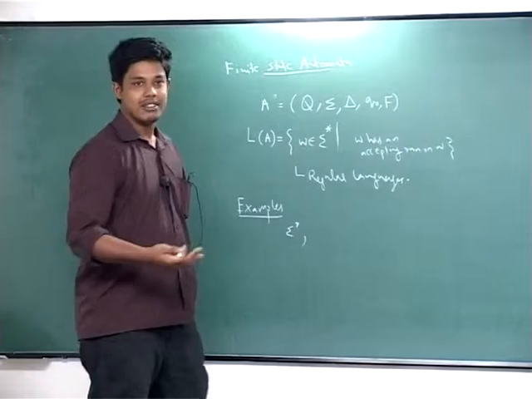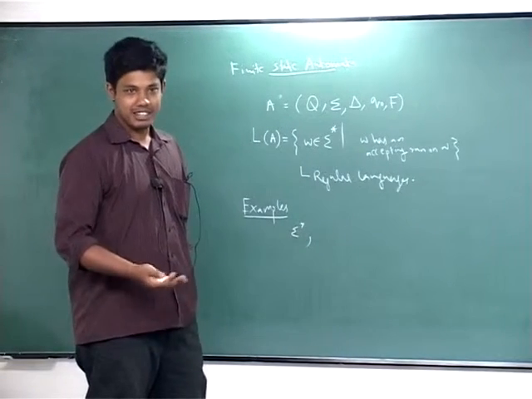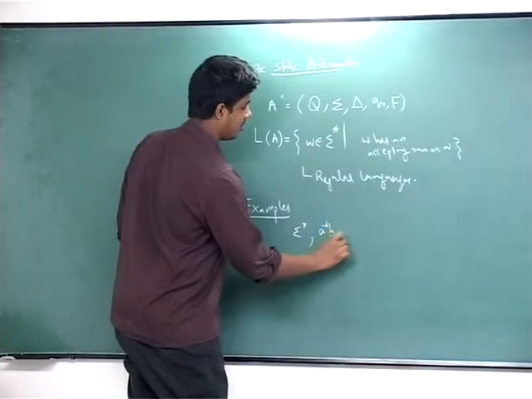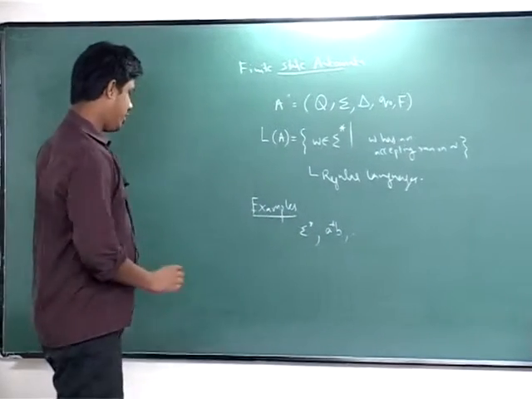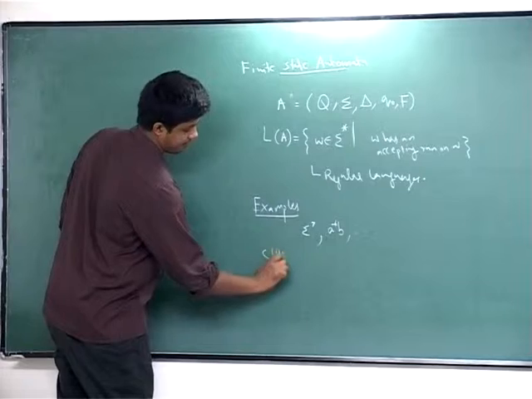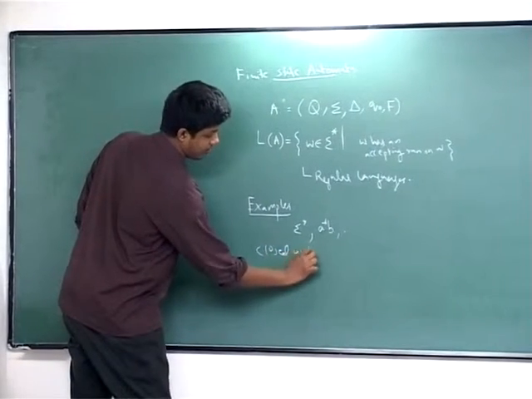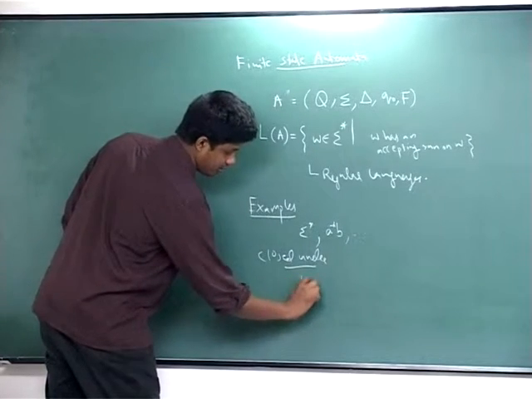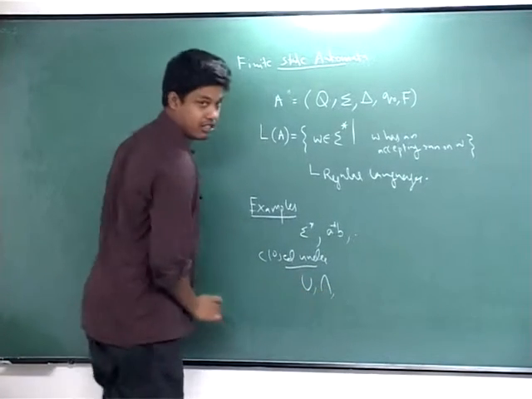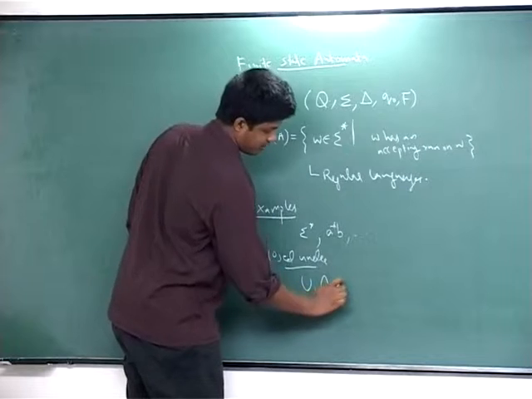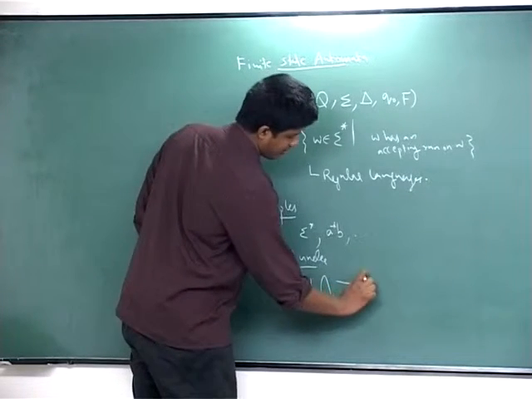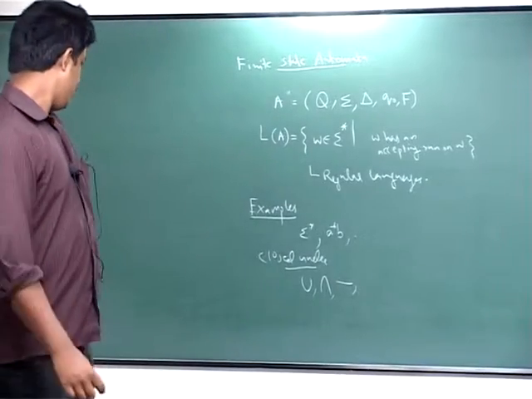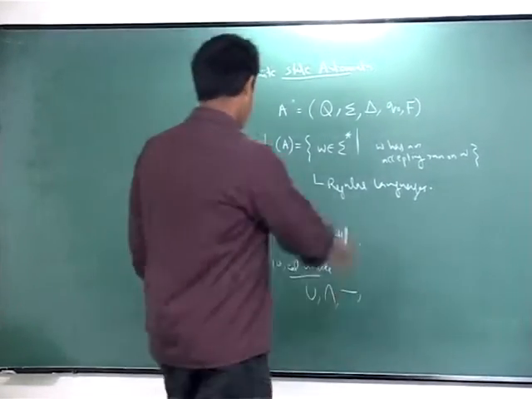Some you might have done in class. Yes, a star b. Right. And then you know that it is closed under union, intersection, complementation, then some more. Yes, so this is fine.